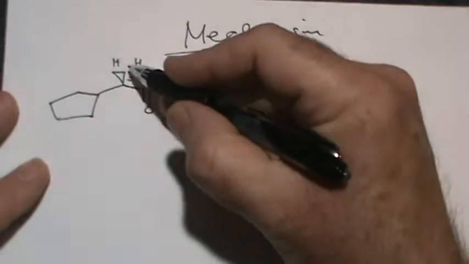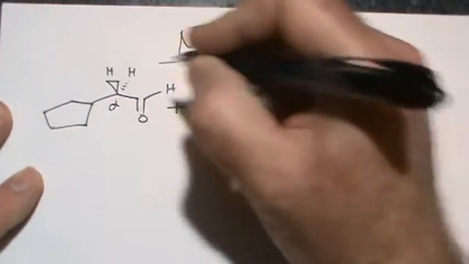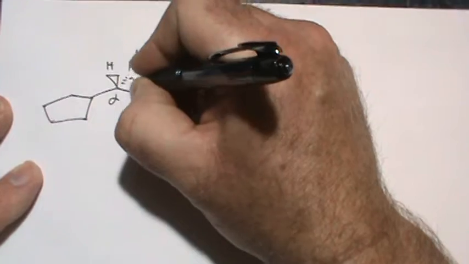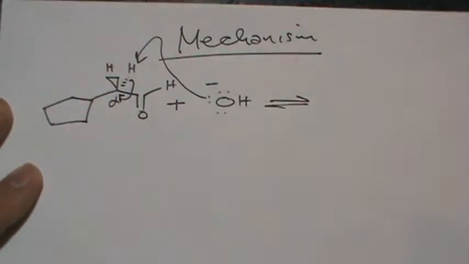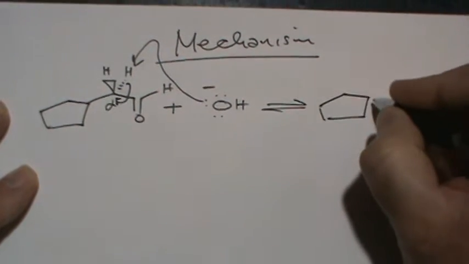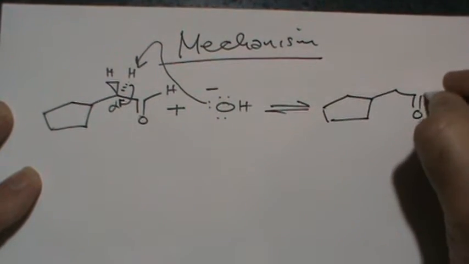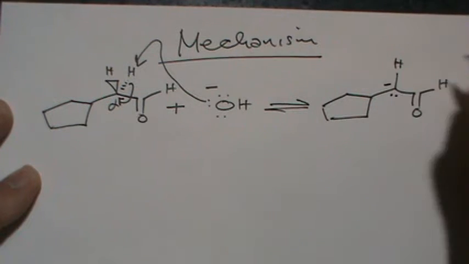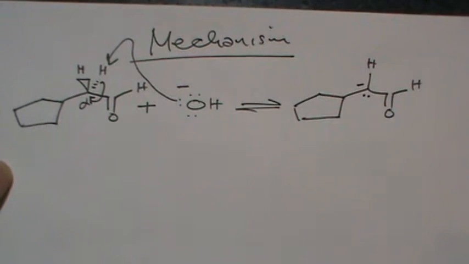Here's my base, and there's my alpha protons. Those are the ones that are slightly acidic. We're going to pull off an alpha proton in order to generate the corresponding enolate. And there is the corresponding enolate.